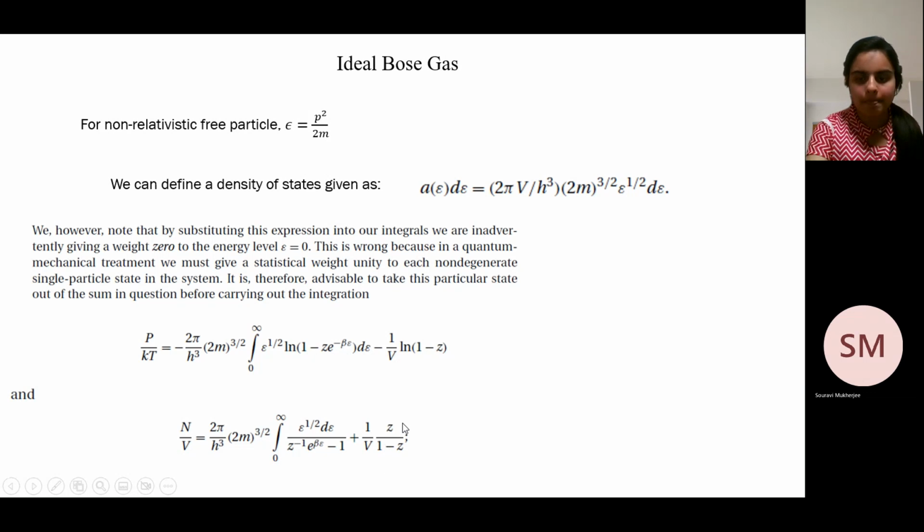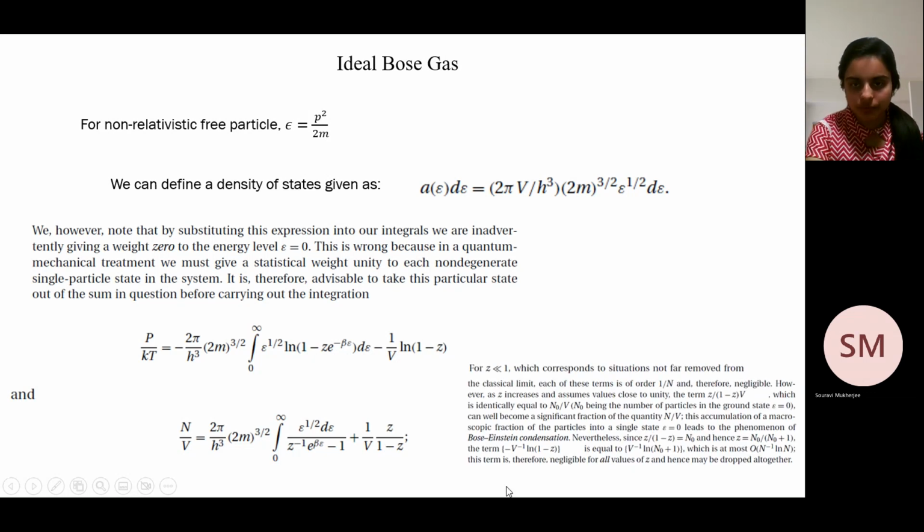Now for Z much less than 1, which corresponds to situations not far removed from the classical limit, each of these terms is of the order of 1 by N, and therefore negligible.